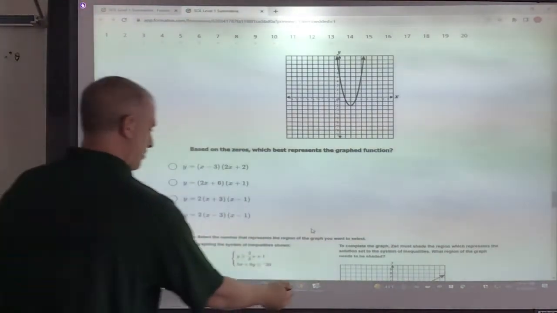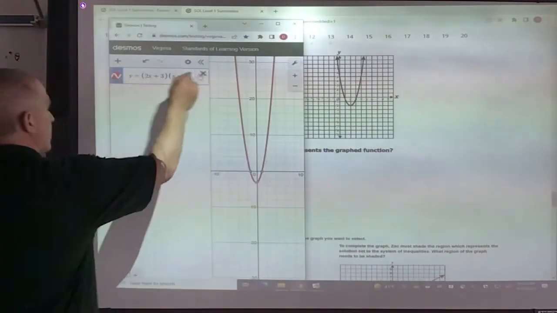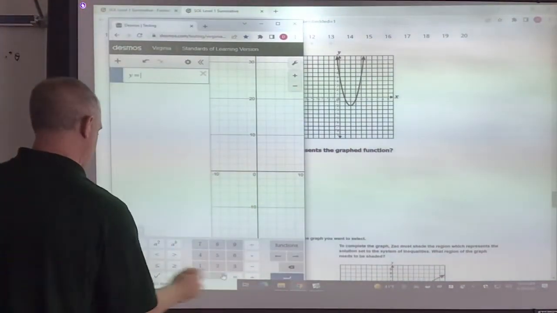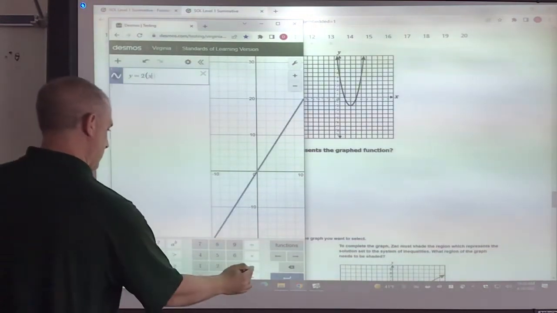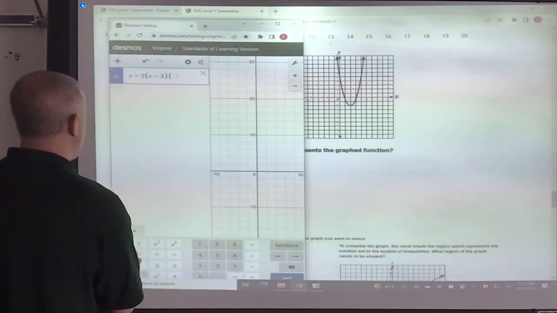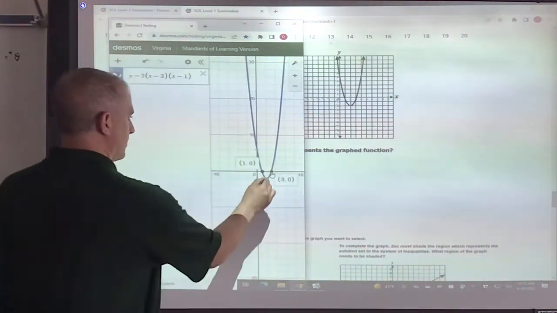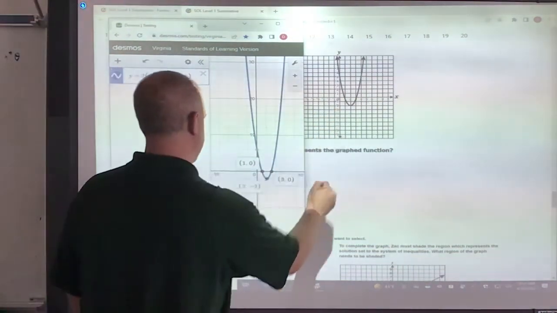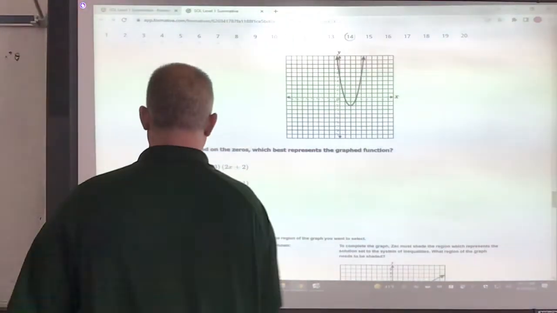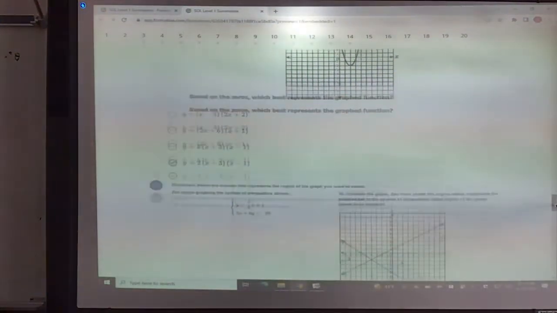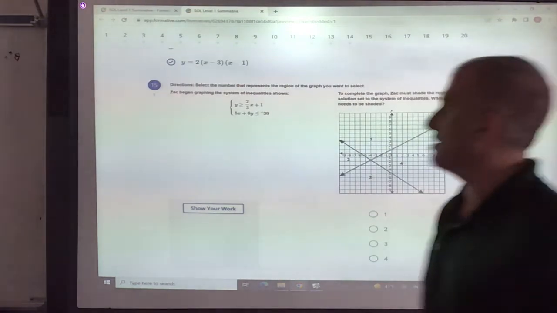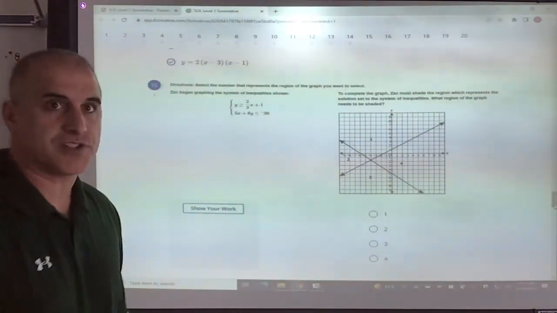So it's got to be this one. 2 and then x minus 3 and x plus 1. Crosses here, that's the vertex, that's the exact graph match that I want, which would be letter D.